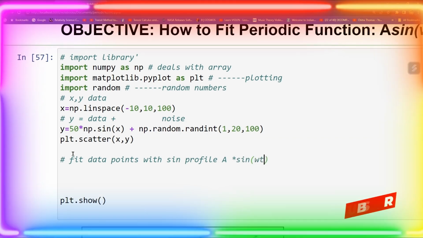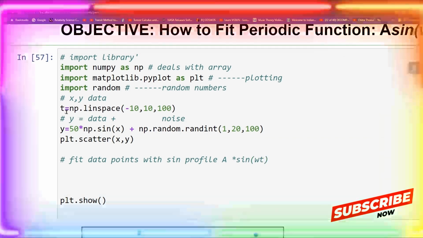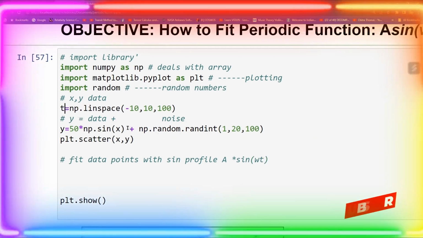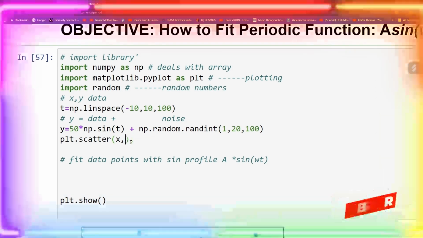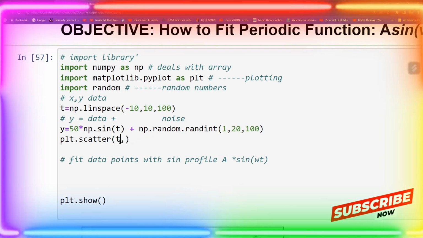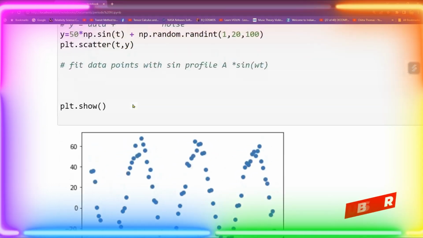Okay, so for t we have x. You can make it t equal to something, then t, right? So t should be here, t and y. Now it's fine. Okay, so we have to fit this profile using a sine curve.